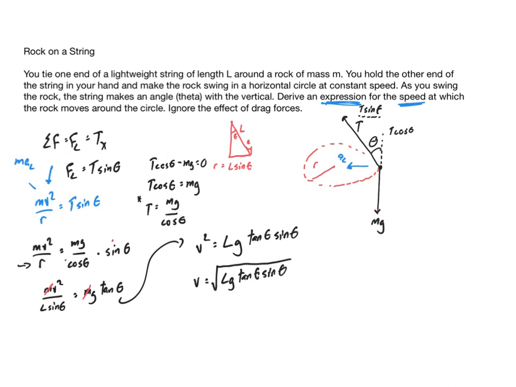So this is what the expression for the velocity of a rock swinging in a horizontal circle is. Once again, there's lots of math involved once you get past the original expressions for the x and y directions. Okay, I hope that made sense to you guys. Talk to you later. Bye.